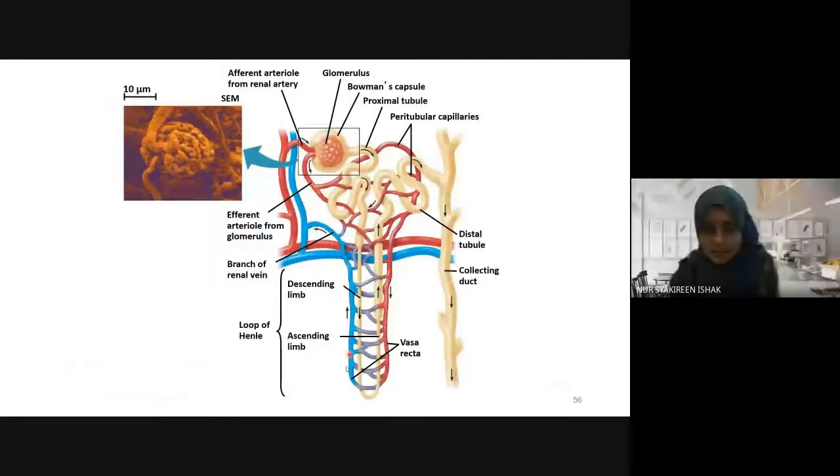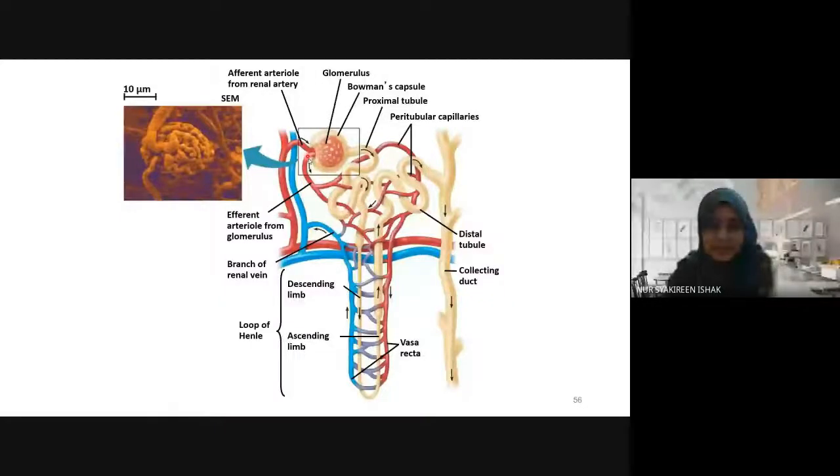So here you have the afferent arteriole that has bigger diameter compared to the efferent here, and then it brings oxygenated blood that enters into the glomerulus. Highly coiled blood capillaries, kan? So the glomerulus is surrounded by the Bowman capsule.